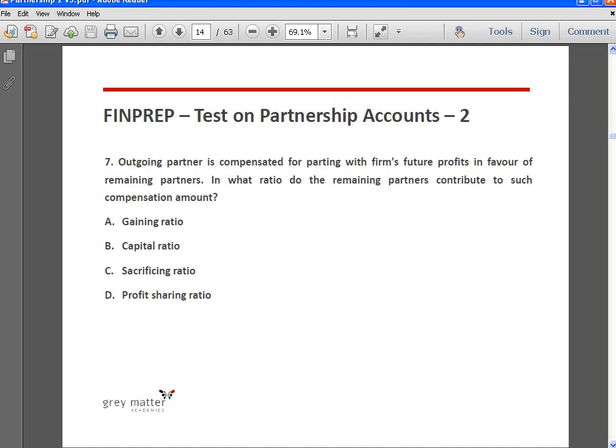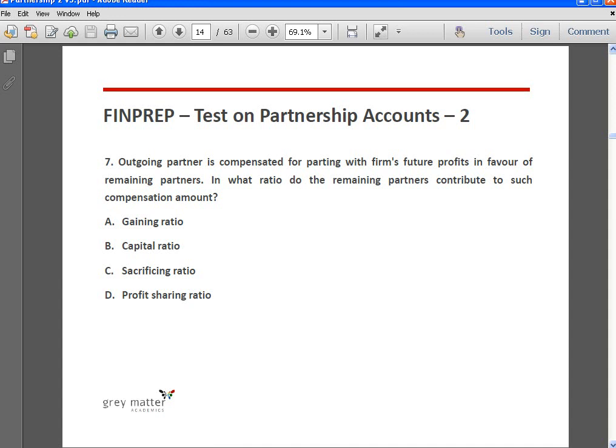Then, outgoing partner is compensated for parting with firm's future profits in favor of remaining partners. In what ratio do the remaining partners contribute to such compensation amount? Right. So, in case of admission, we saw that when a new partner is admitted, he has to compensate the old partners in their sacrificing ratio.